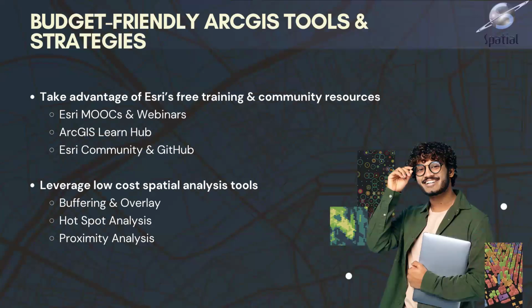When we look at the hotspot analysis, then this tool is really used to detect patterns of high or low values within a data set. So it's really good for crime hotspots in a city. And then when we look at the proximity analysis, as the name states, it really measures the distance between locations and it can do drive time areas with this. So these are all some budget-friendly tools that you can utilize with ArcGIS Online.